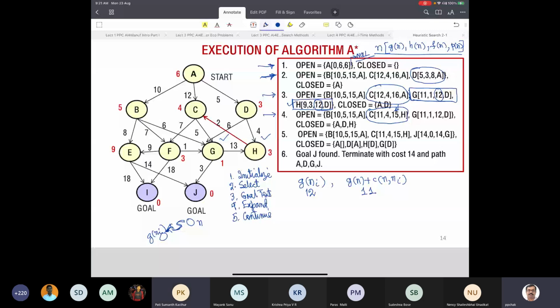Now, in open, we have three nodes, B, C, and G. Which is removed? Yes, sir. Let me check once. You're not following? I am following, sir, but I didn't go to the next step. I'm at the current step.